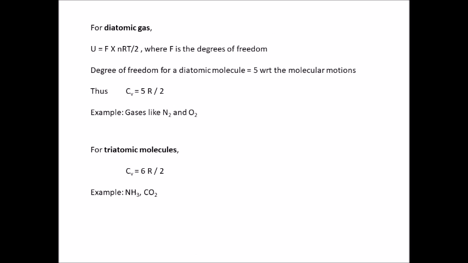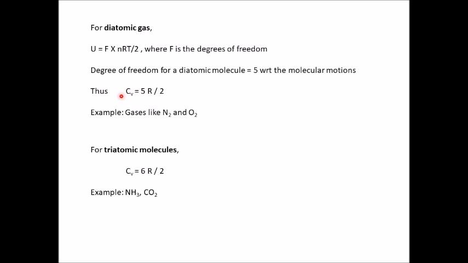For diatomic gases, similarly, we have U is equal to f, that is degree of freedom, into nRT upon 2. Now, what do you mean by degree of freedom? Degree of freedom is with respect to the molecular motions. A diatomic molecule can have 5 different degrees of freedom, with respect to its translational, rotational and vibrational motions.